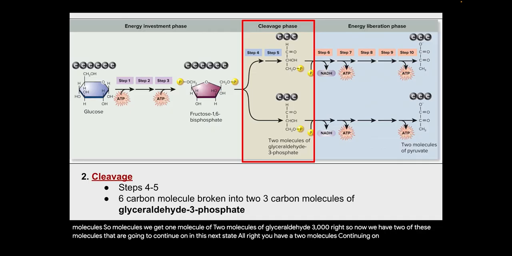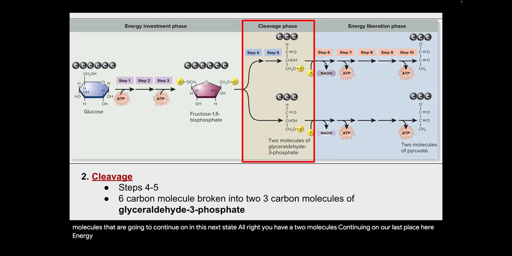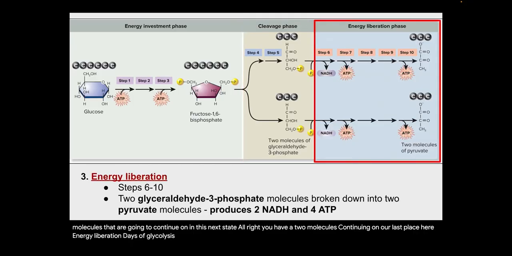Continuing on, our last phase here is our energy liberation phase. This is the last phase of glycolysis, the last 4 steps in this 10-step series. This is where we're taking those 2 molecules of glyceraldehyde 3-phosphate.